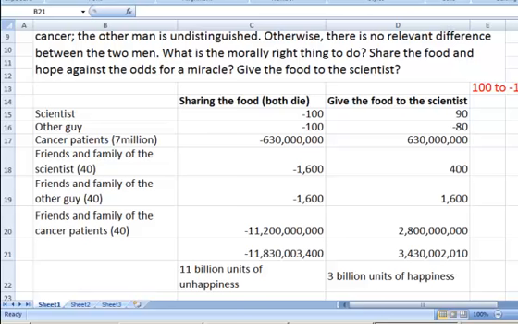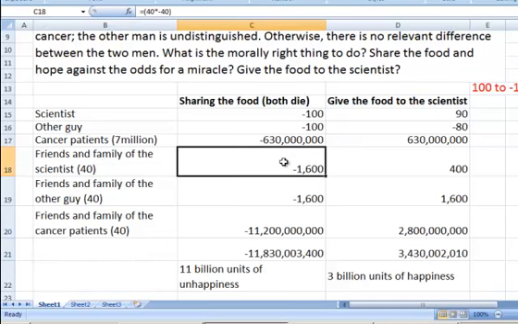Okay, so I've completed the chart here, just to save time. And I've assumed that each of the individuals, the scientist, the other guy, and every single cancer patient, has about 40 friends. So these are 40 people that are really going to be affected by the person living or dying. We're not talking about Facebook friends here, but legitimately affected. And so using those numbers, I just multiplied things out.